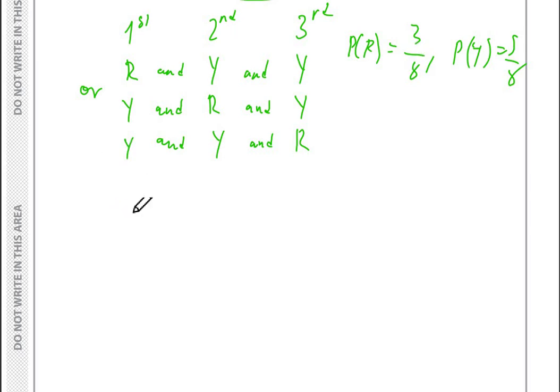So you could take a red counter, and for his second pick he could take a yellow counter. There's 5 yellow counters. Notice after taking his first pick he only has 7 counters left in the bag, so that yellow will be out of 7. That he could take another yellow. Since he's already taken his first yellow out, he will only have an option of 4 yellows to take out after, and that will be out of a total of 6 counters remaining in the bag.